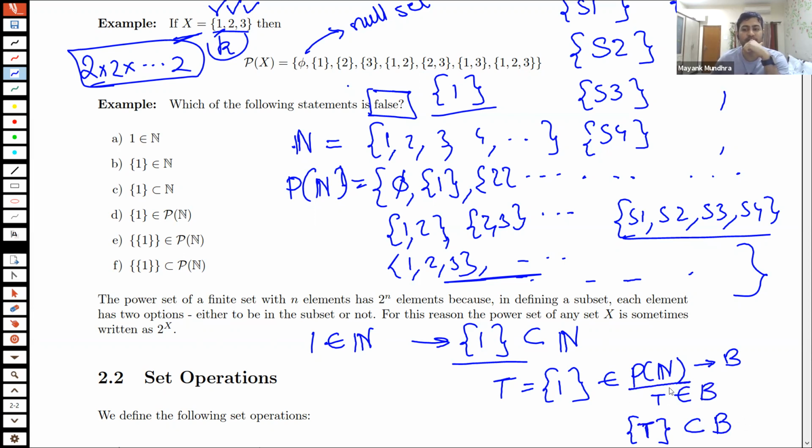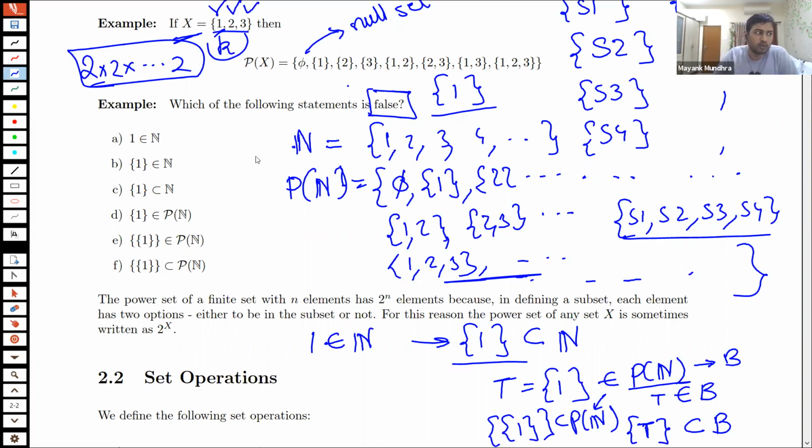B is nothing but the power set of N, and {t} is {{1}}. So {1} is an element in the power set of N, so {{1}} becomes a subset of the power set of N. These power sets are sort of inductive things. So there's N, there's the power set of N, then there's the power set of the power set of N, then there could be the power set of the power set of the power set of N, and so on. It goes on. You can build an infinite tree like that.